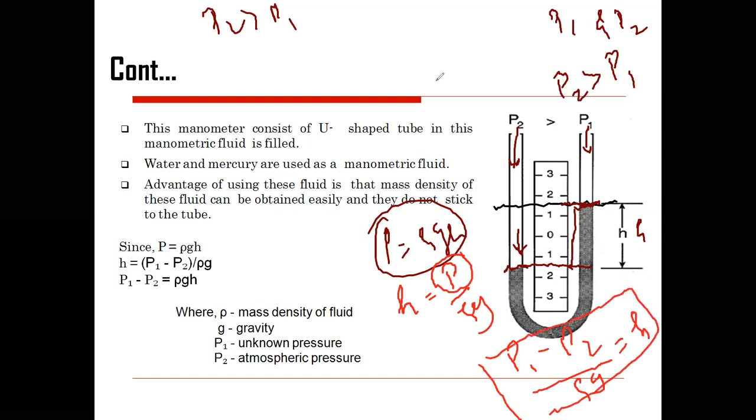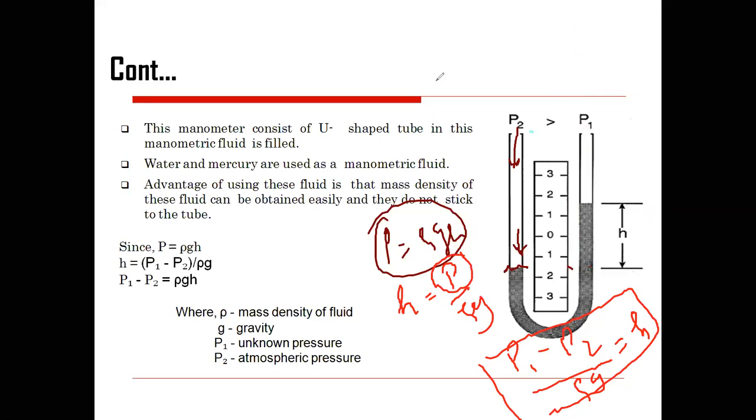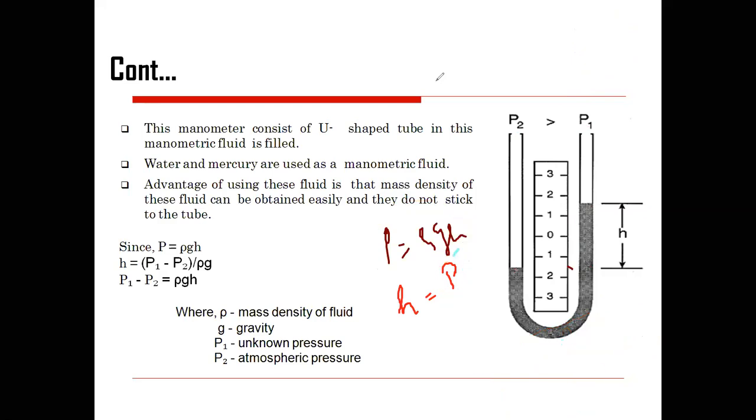So that is the variation I am getting. If I want to determine the pressure, I can rearrange my equations, as I also explained in the first slide of the introduction. When I do not have a single P, I can represent it as delta P, which is P1 minus P2.